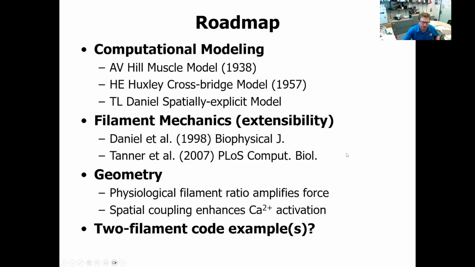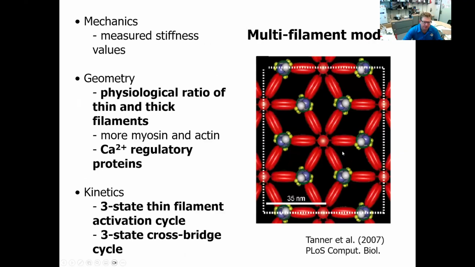And so what I tried to do for my PhD was figure out a way to get rid of those boundary conditions, and we put together some ideas of how to represent and model this, using that physiological ratio of thin filaments, adding in the calcium regulation, and that would lead to a 3-state cycle, as I showed you before, for thin filament activation as well as crossbridge binding.